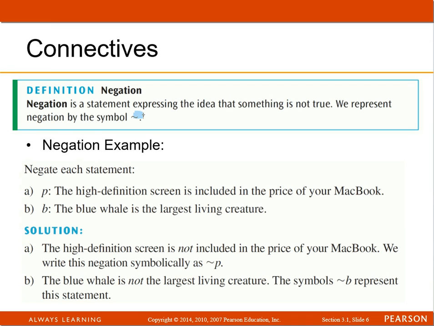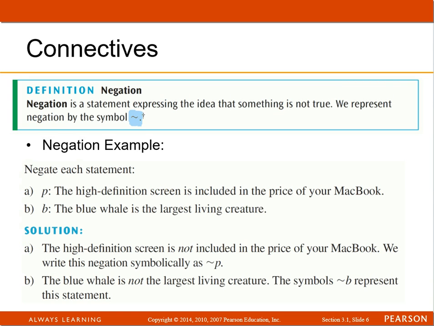And the symbol for negation is this little, I call it a twiddle, but it's actually the same symbol that we used in set theory to represent, I had a brain fart, not equal, but equivalent. There we go. Equivalent statements.